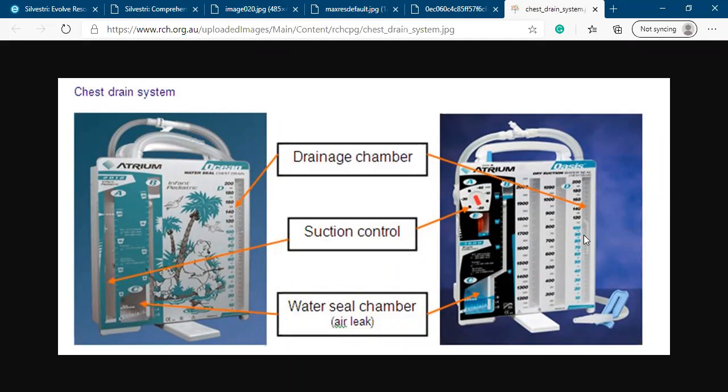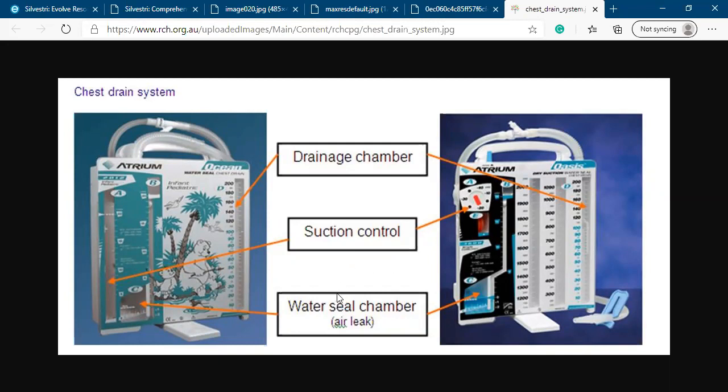And now go to the water seal chamber. Water seal chamber, it is here. Basically we have to make sure nothing comes into the water while the air comes out.